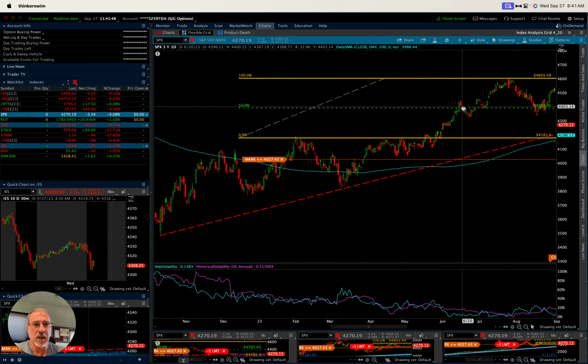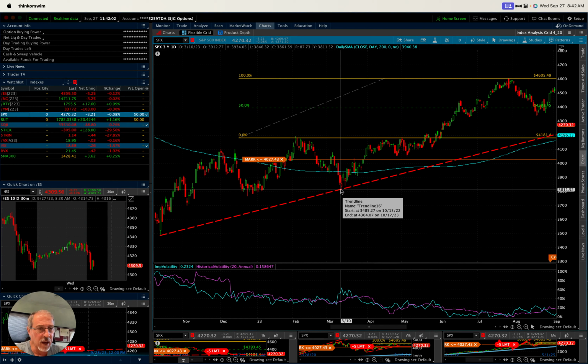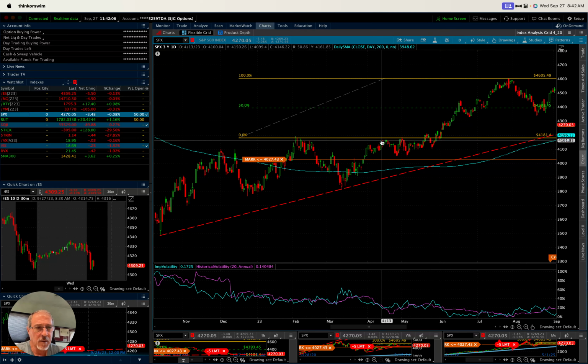Well, then you get a run, and what many people do is they measure this run from this breakout point to this peak. And usually it will be very, very similar in distance to the last rally. So if you had a rally here from, call it, 3811 up to 4170, that's like 250 points.